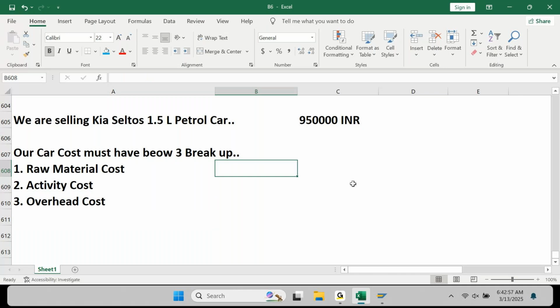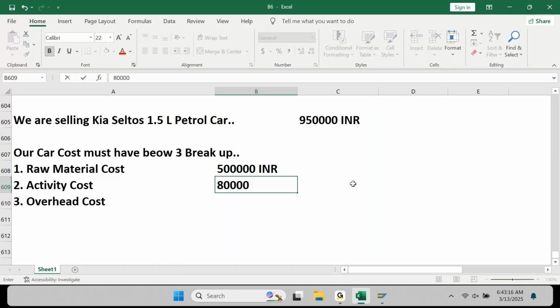Let's say my raw material cost is going to be somewhere around 5 lakh. Possible? Yes, sir. Let's say my activity cost is going to be 80,000 and my overhead is going to be 50,000 INR.